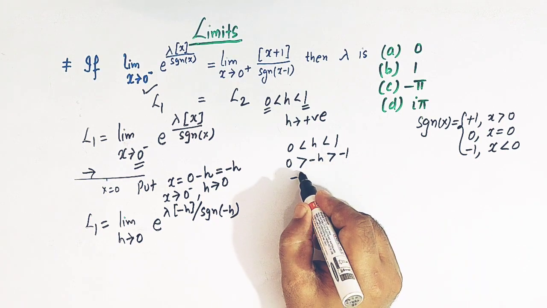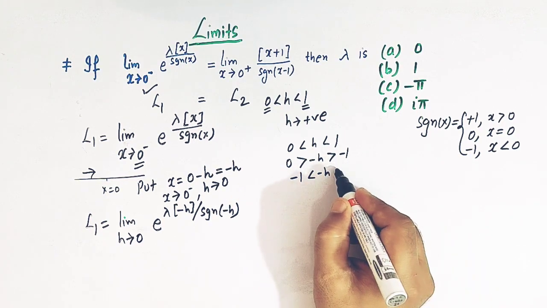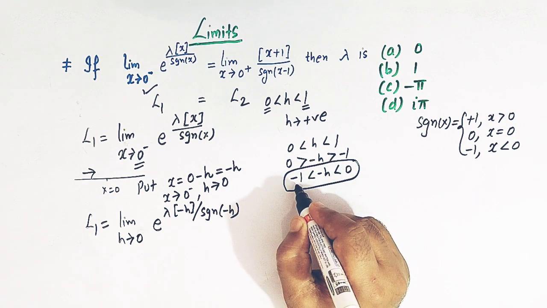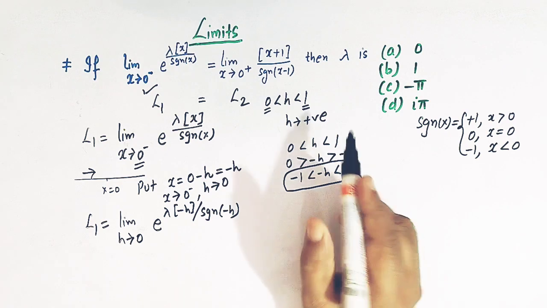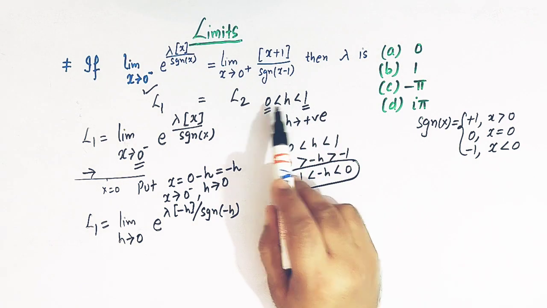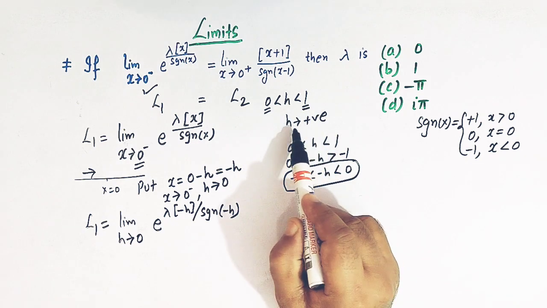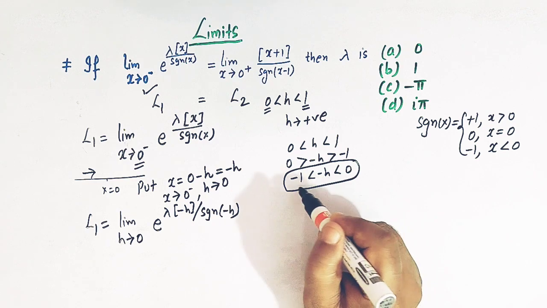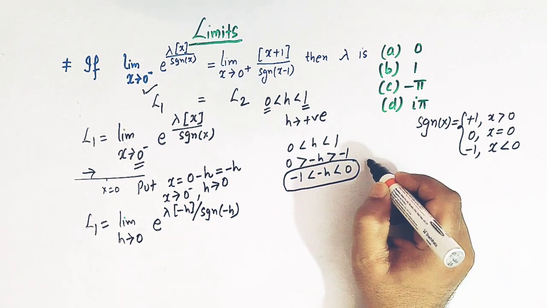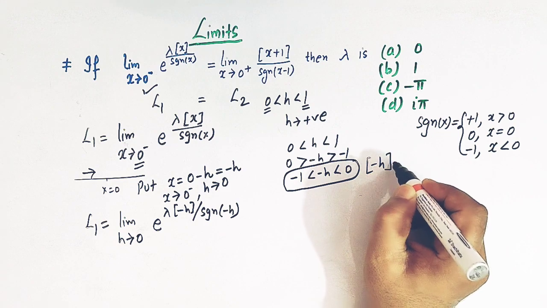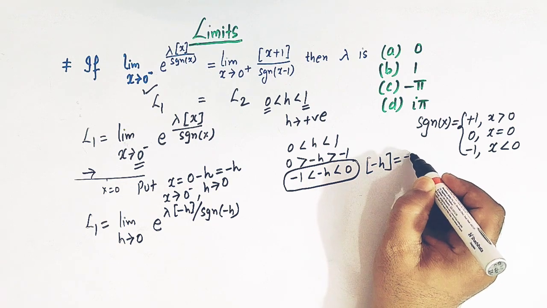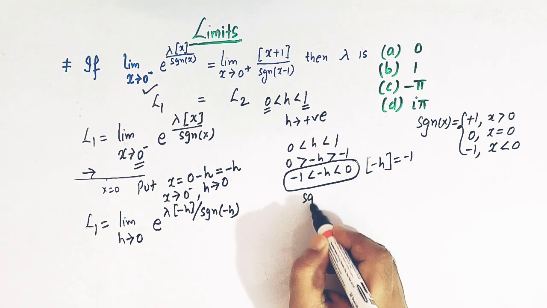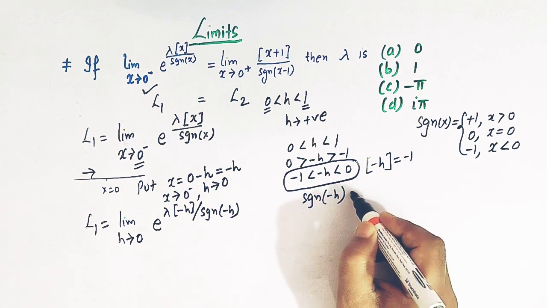So minus h lies between minus 1 and 0, while h lies between 0 and 1, and always remember that h is a positive quantity. So when minus h lies between minus 1 and 0, the greatest integer of minus h is equal to minus 1.